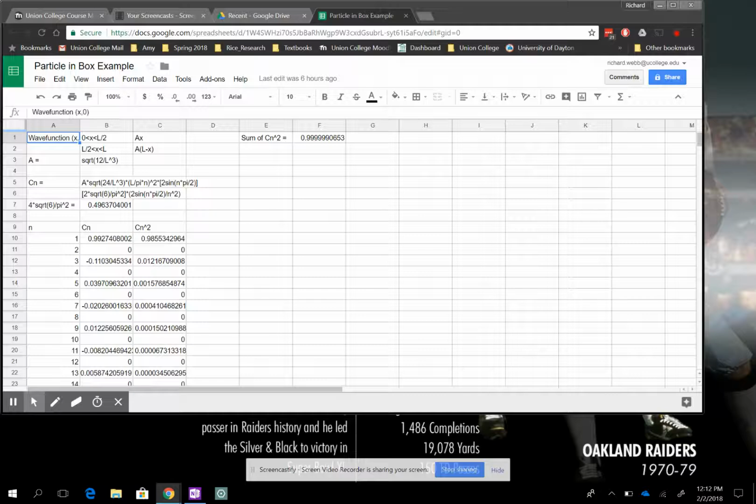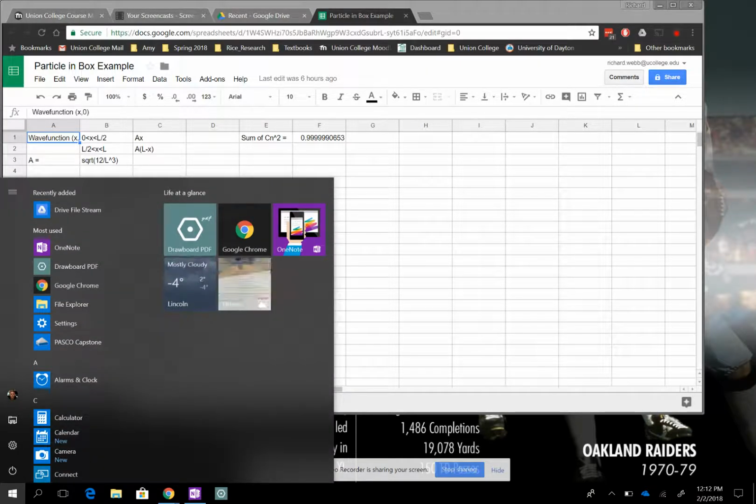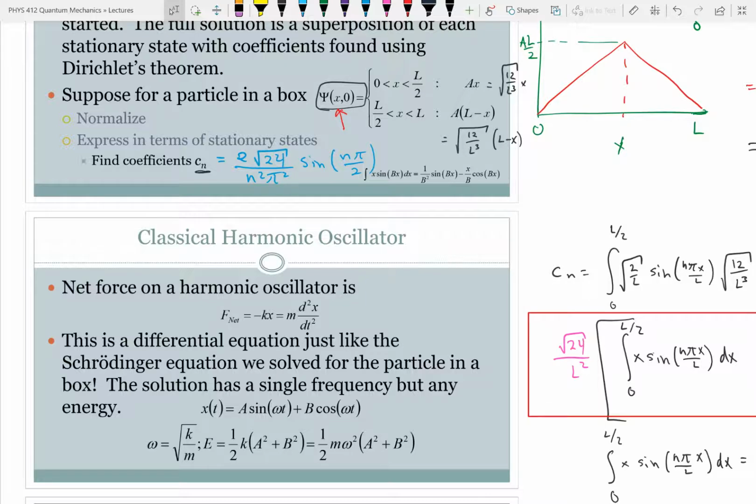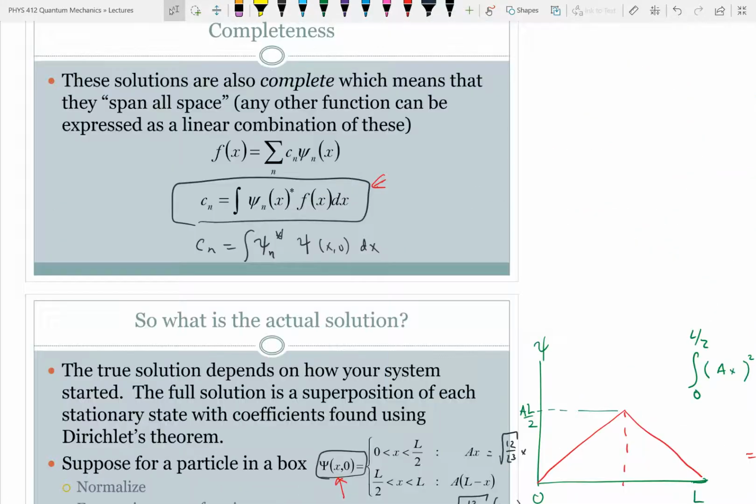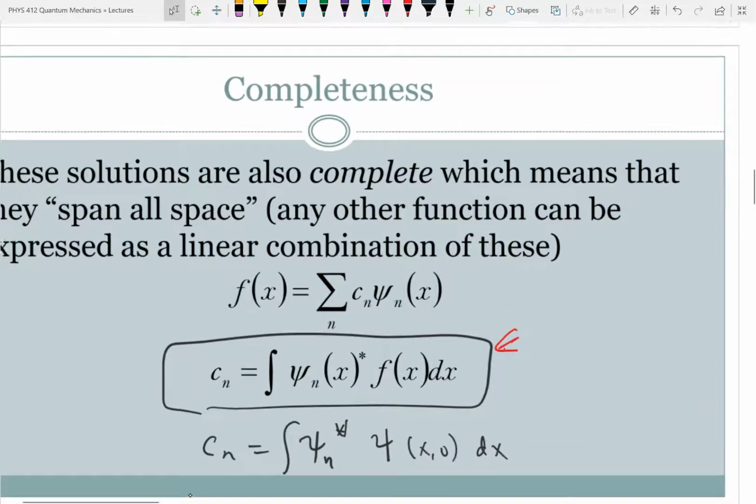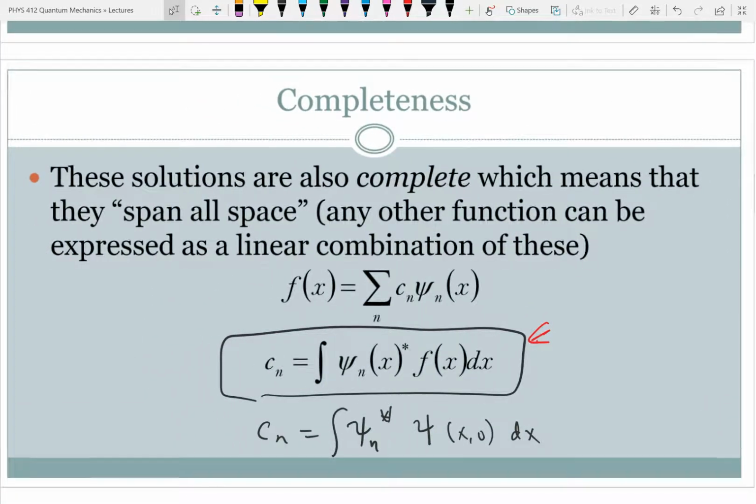The c sub n is telling us how much of each state. Shouldn't all of our space equal 1, like when we normalize all space? That's the key. It has to be normalized.